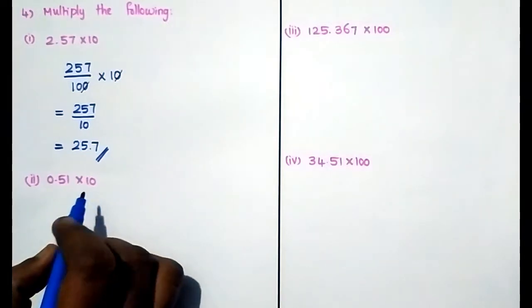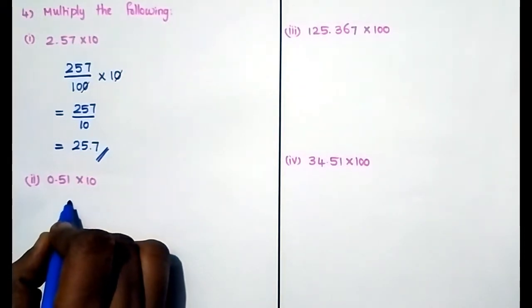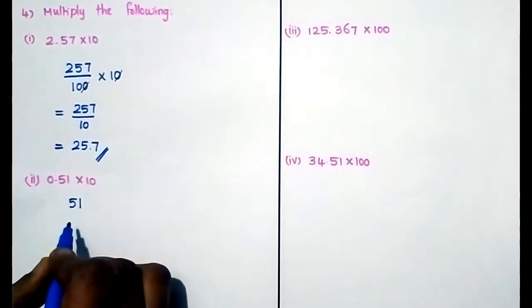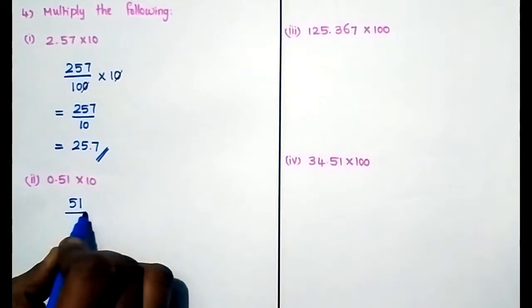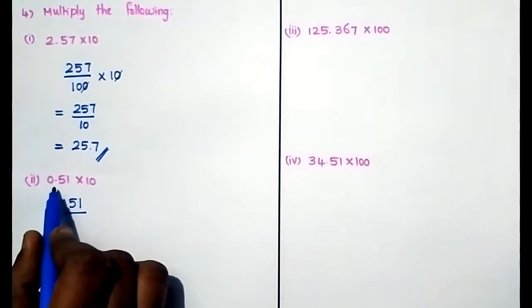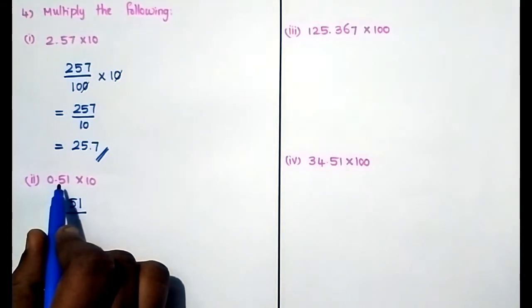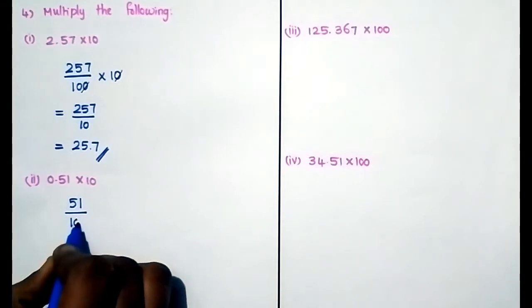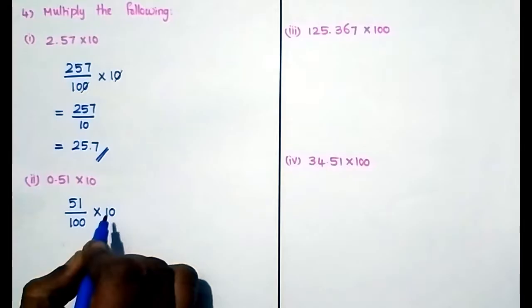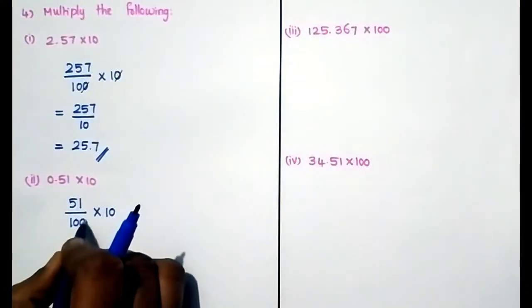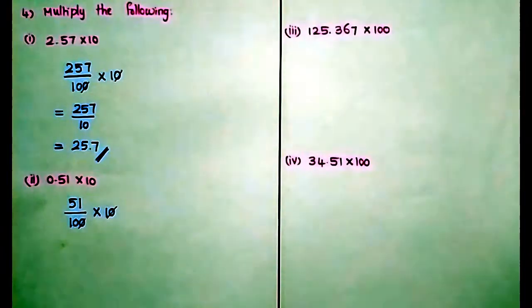0.51 into 10. Write down the number without the decimal point, and in the denominator, after the decimal point 2 digits are there, so 100 into 10. Same procedure, the zeros cancelled.